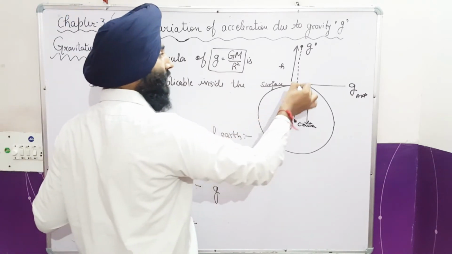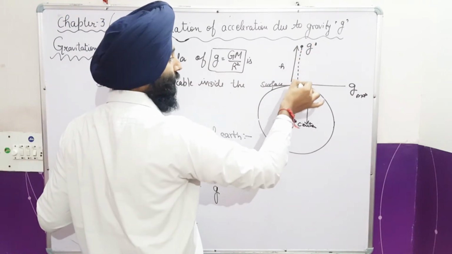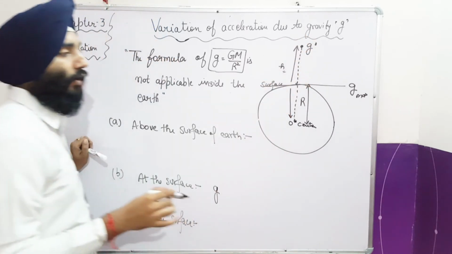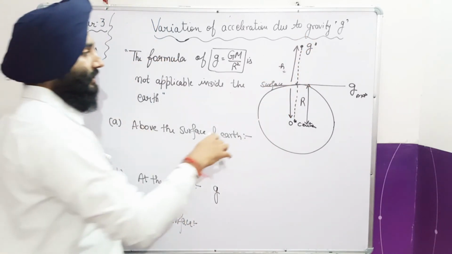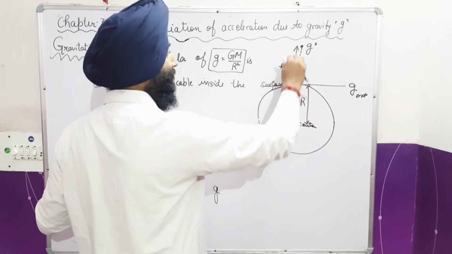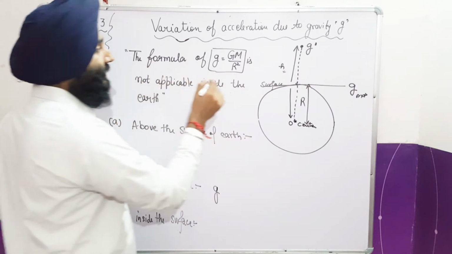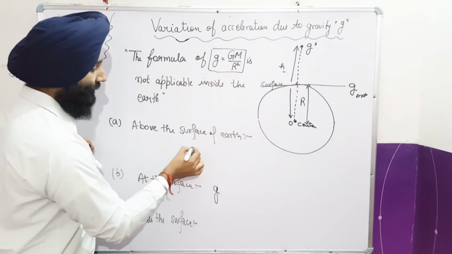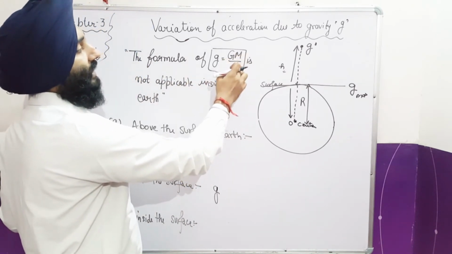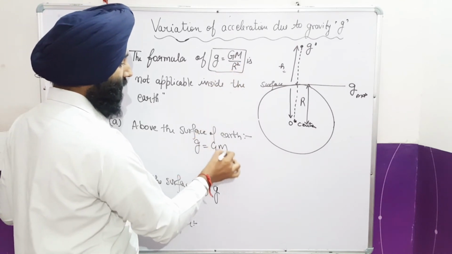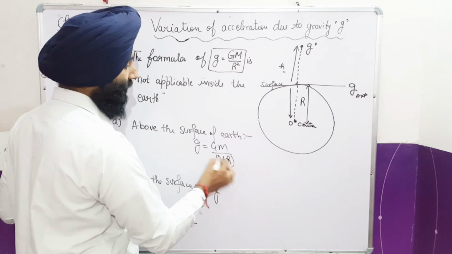As we move upside, means as we move above the surface of the earth, it means the value of r will increase. It becomes r plus h. जैसे जैसे ऊपर जाएंगे height increase होती जाएगी. Fine. It means the formula will become like this: GM upon (r plus h) the whole square.